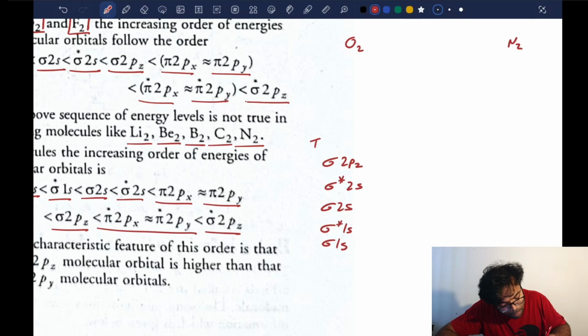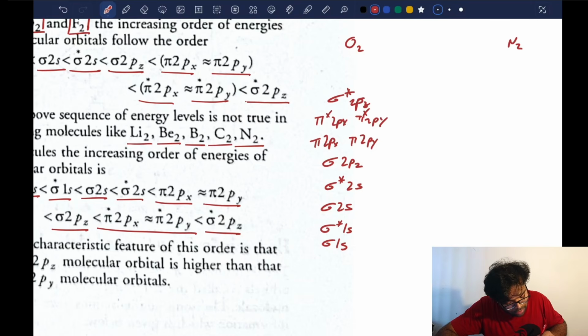Then you will have pi 2px, pi 2py. Then you will have pi star 2px, pi star 2py, and then sigma star 2pz.